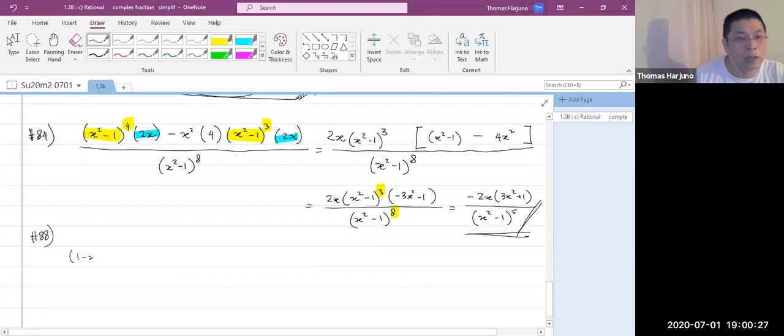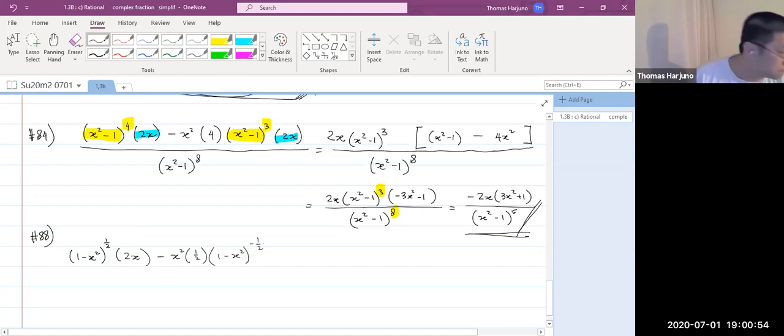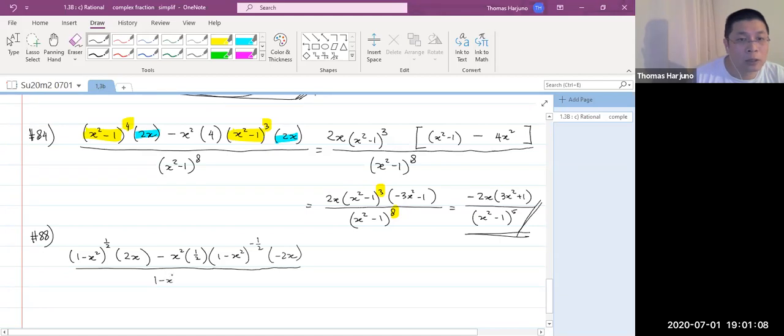We have 1 minus x squared to the power of 1/2 times 2x minus x squared times 1/2 times 1 minus x squared to the power of negative 1/2 times negative 2x, all over 1 minus x squared to the power of 1/2 squared.